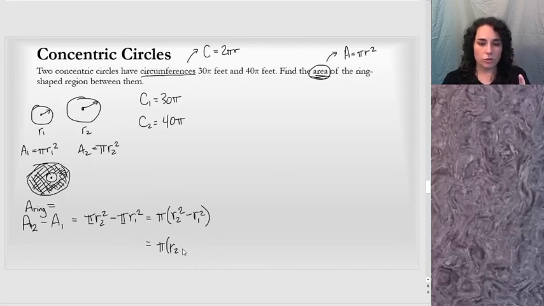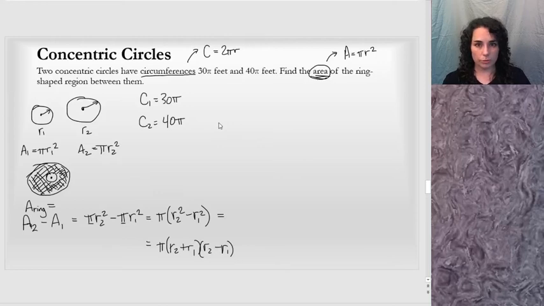Yes, you can factor it one more time. Remember that the difference of squares factors into (R2 minus R1) times (R2 plus R1). You could do that if you wanted. It's arbitrary to me.